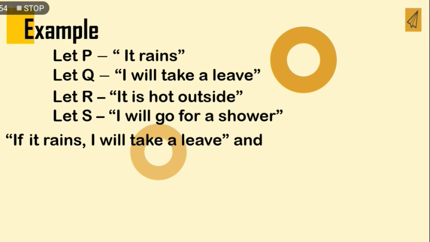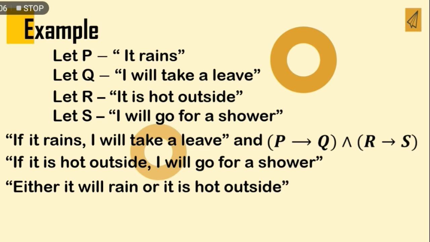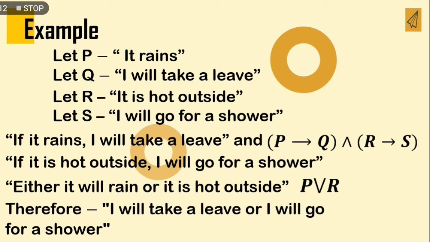If it rains, I will take a leave, and if it is hot outside, I will go for a shower. That's our first premise. Either it will rain or it is hot outside. Our second premise. Therefore, I will take a leave or I will go for a shower. That's our conclusion.